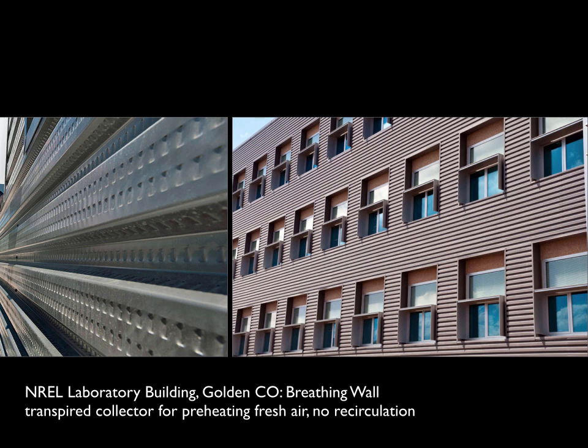And then from there, it's just taken into the interior. So it's really good for a building that needs a high level of fresh air. It's a once-through system, so it's just bringing in air, and it's like a preheater for the incoming outdoor air.